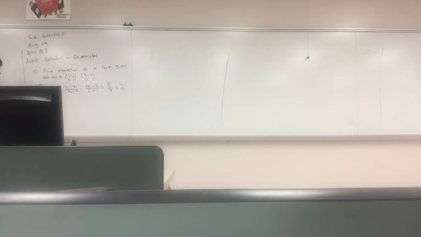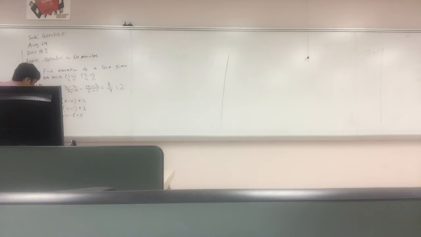How can we find the equation of the line? y equals m(x minus x1) plus y1. So y equals 2 times (x minus 1) plus 2. So y is 2x minus 2 plus 2.